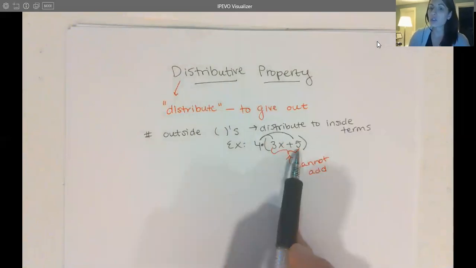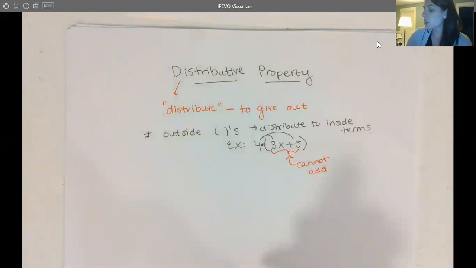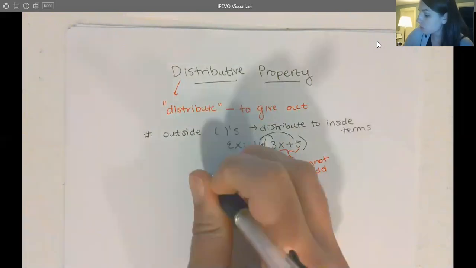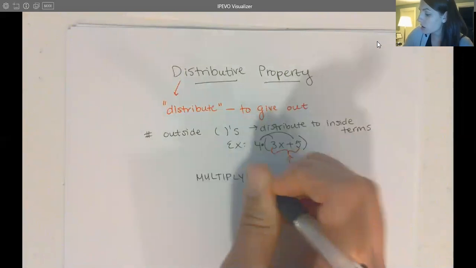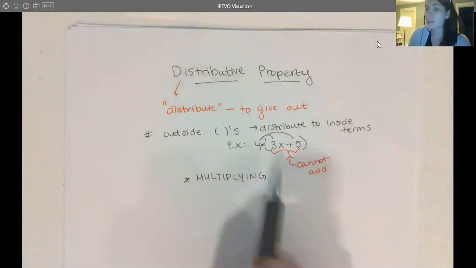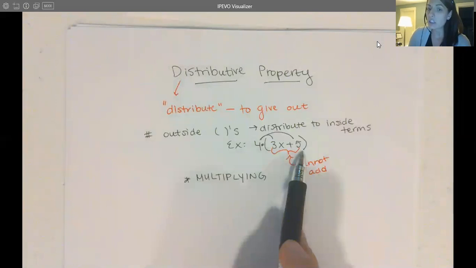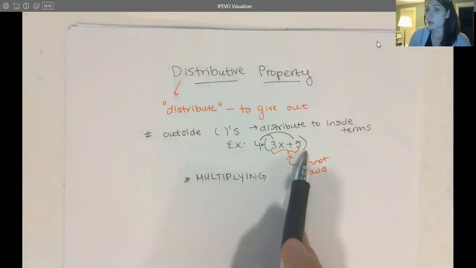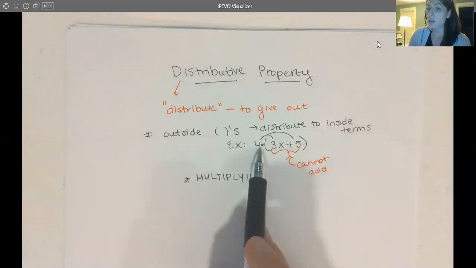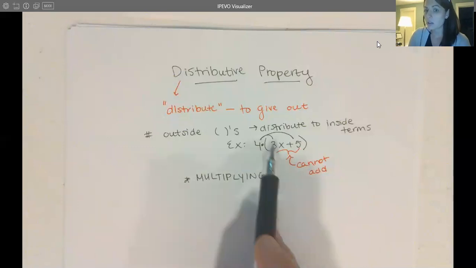And when I say distribute through, we are multiplying that outside number through to each term in that parenthesis. So it's 4 times this parenthesis. When we distribute, it's still being multiplied through.